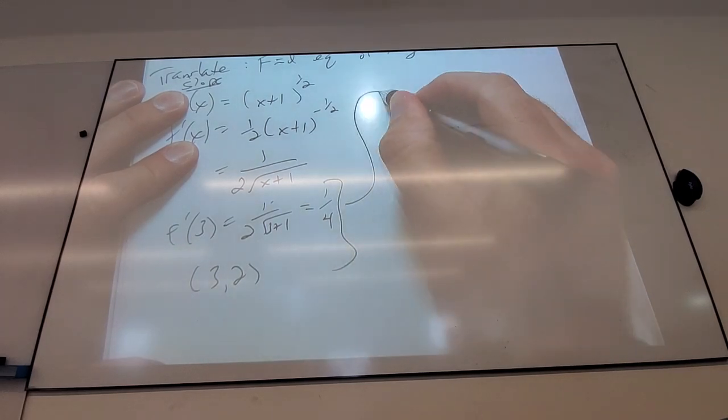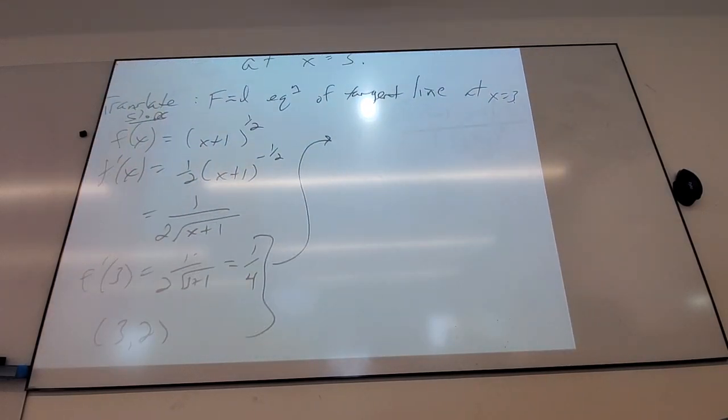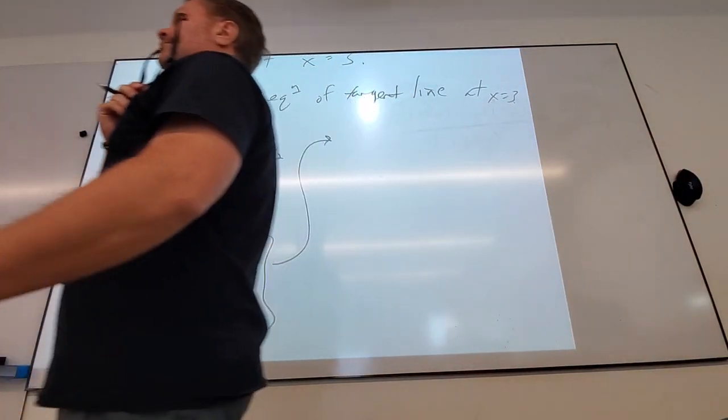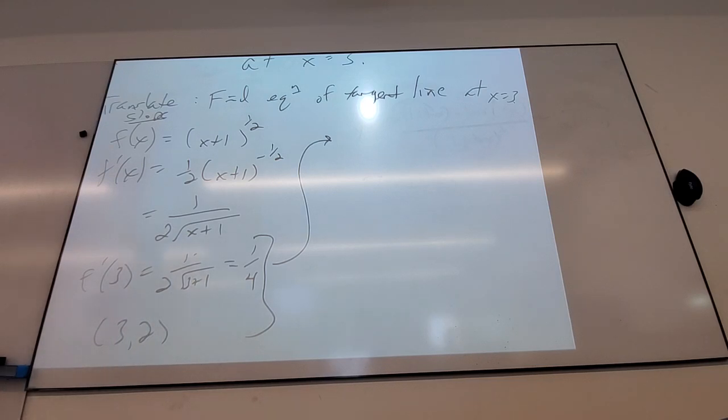So can we take this information and get the equation of the tangent line, which is also called the linear approximation? I'm just waiting for people to do it. A few people are writing.